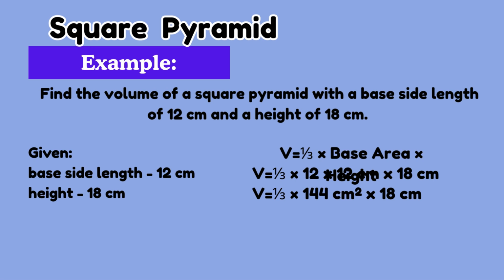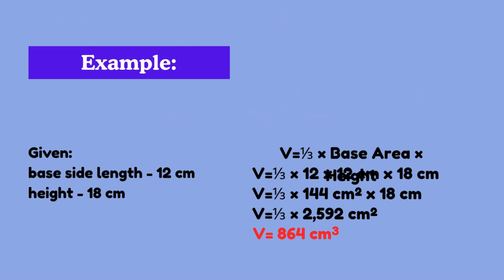We simply multiply 144 cm squared times 18 cm, which equals 2592 cm cubed. Then multiply it by 1/3, which equals 864 cm cubed. So the volume of the square pyramid is 864 cm cubed, and that means the square pyramid can occupy 864 cm cubed.